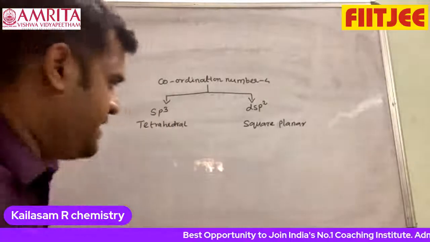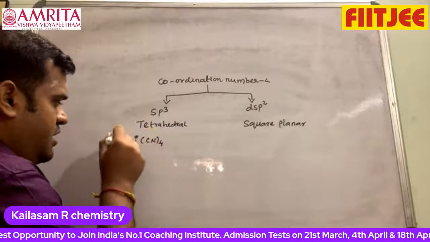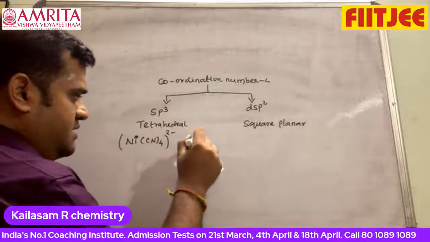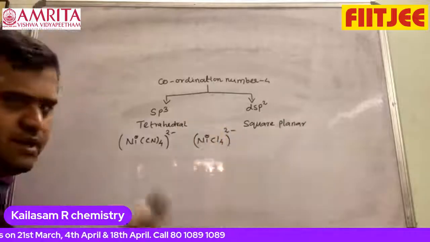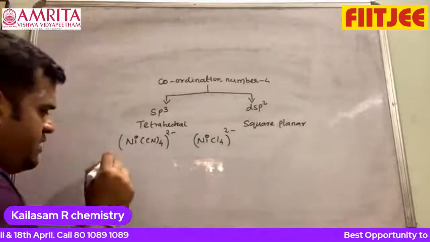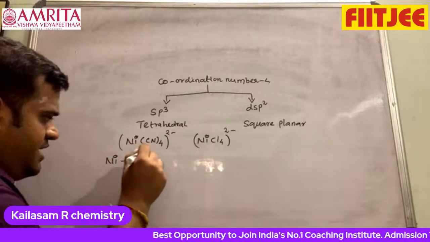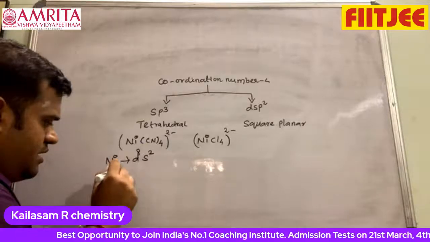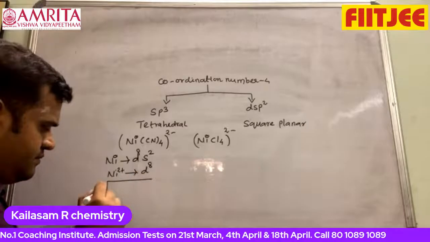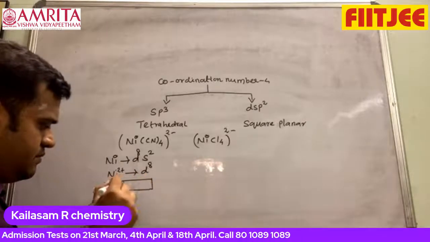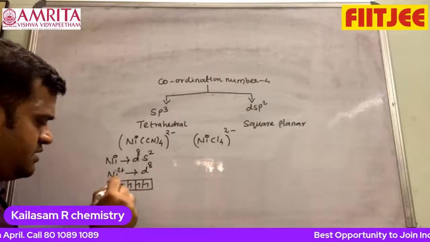We'll go to an example. I want to take nickel. I'm taking NiCl4 2-. In this case, nickel is d8s2. Nickel 2+ is d8: 1, 2, 3, 4, 5, 6, 7, 8.